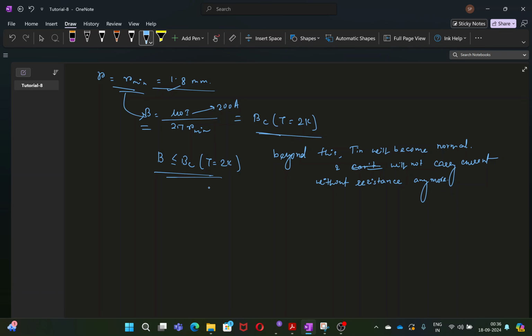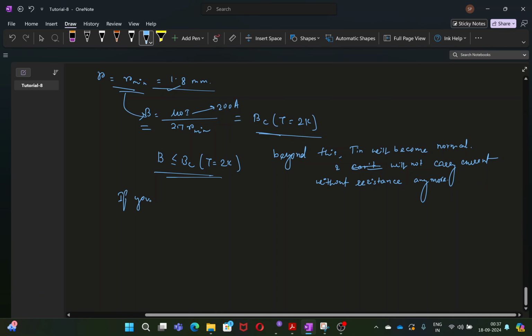So that is the BC value, and this is R minimum, because if you choose R greater than R minimum, then since your magnetic flux density is inversely proportional to R, if your R is greater, then your B becomes smaller.